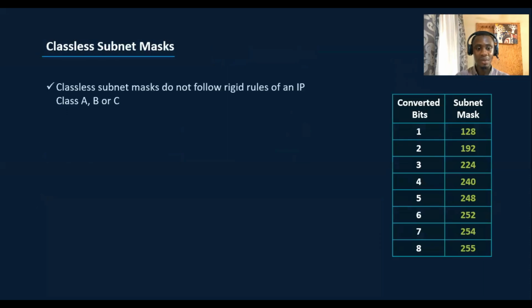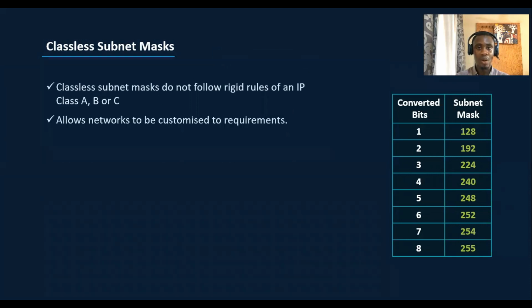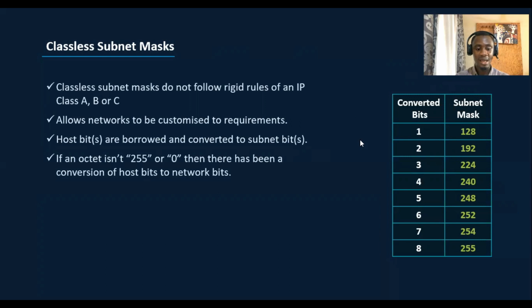So we want to look at classless subnet mask. And we are saying that classless subnet masks do not follow rigid rules of an IP class A, class B, or C. And it allows networks to be customized to requirements. So host bits are borrowed and converted to subnet bits. And if an octet isn't 255 or 0, then you should know that there has been a conversion of host bits to network bits.